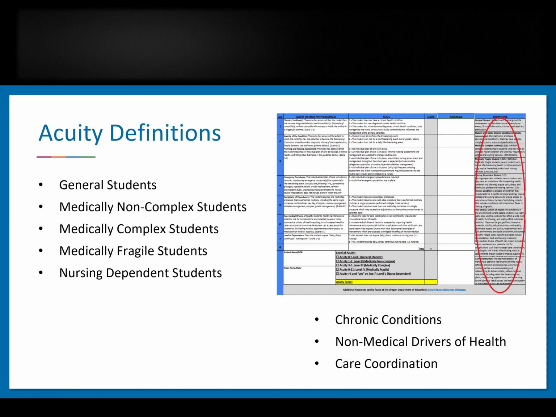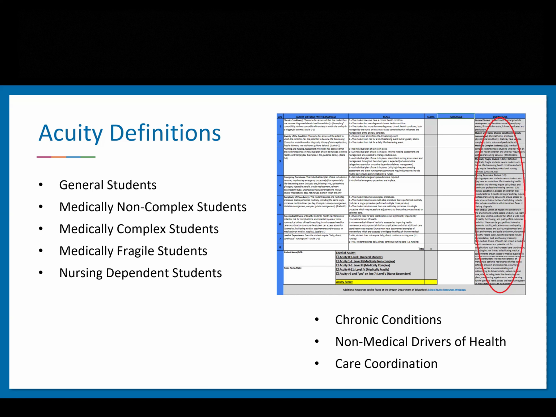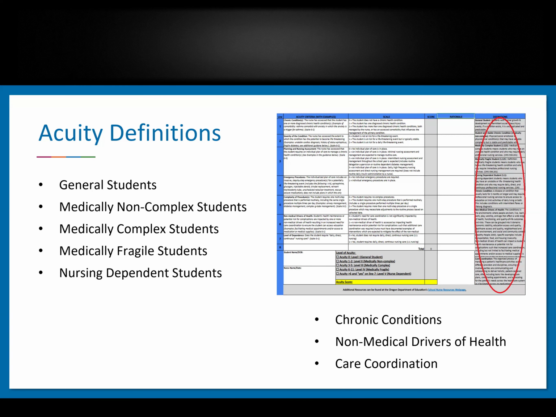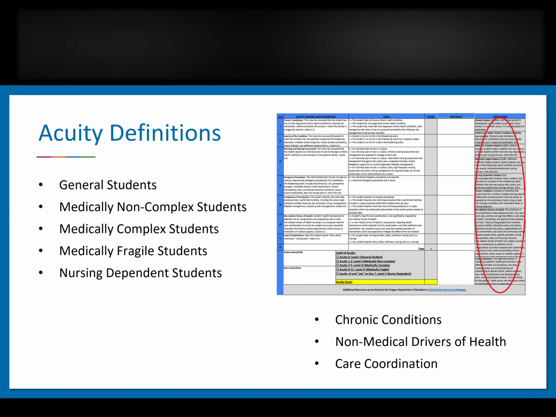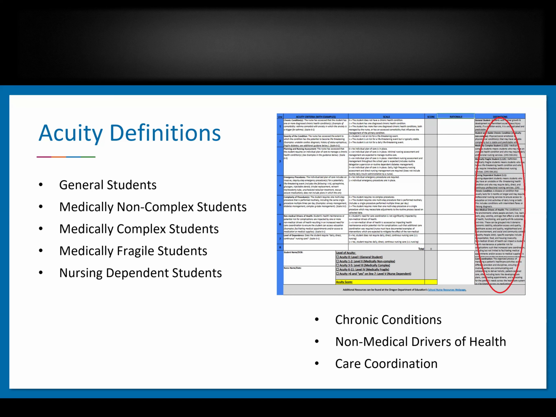General students, students with stable chronic conditions or medically non-complex students, medically complex students, medically fragile students, nursing dependent students. In this tool, there are additional definitions for what a chronic condition is, non-medical drivers of health, and care coordination.